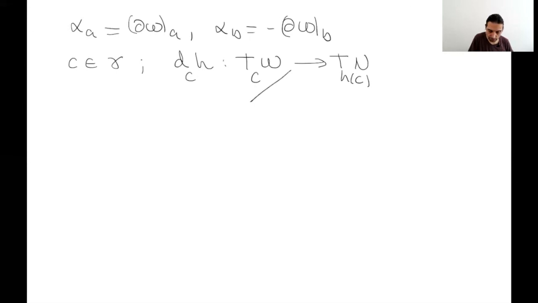And the kernel of this map is the tangent space of gamma at C. So it's the normal bundle. And what happens then is that this map is an isomorphism for every C in gamma. This is an important property.